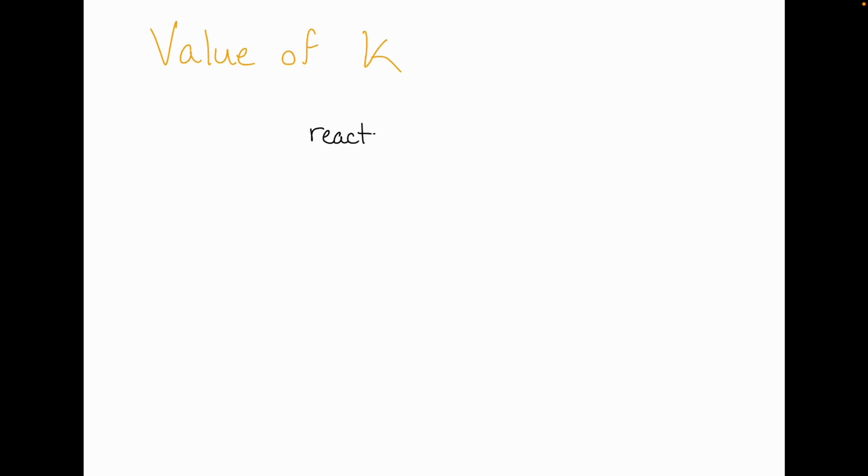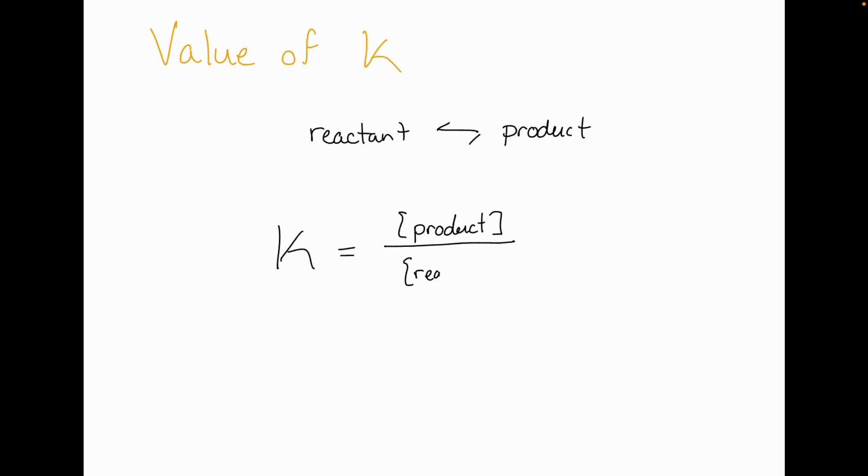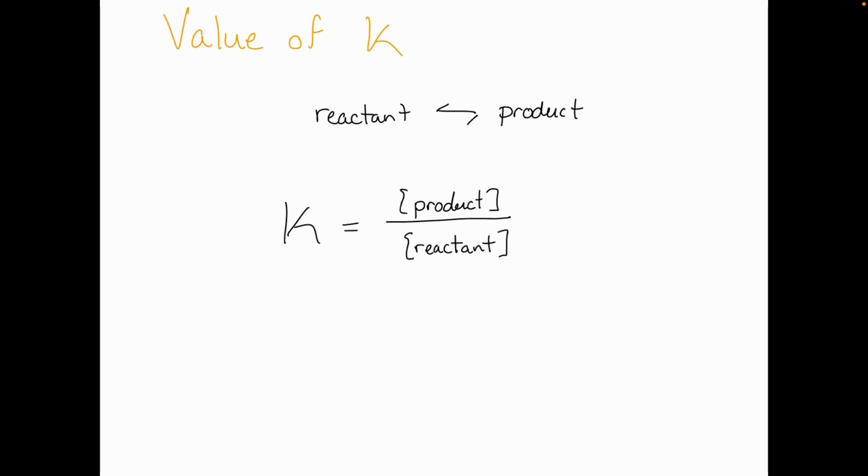Okay, so if we just have a simple reaction where reactants are in equilibrium with product, we build our equilibrium expression, product over reactant. Okay, so let's say that for this particular reaction, we looked it up and K was this very, very large number.